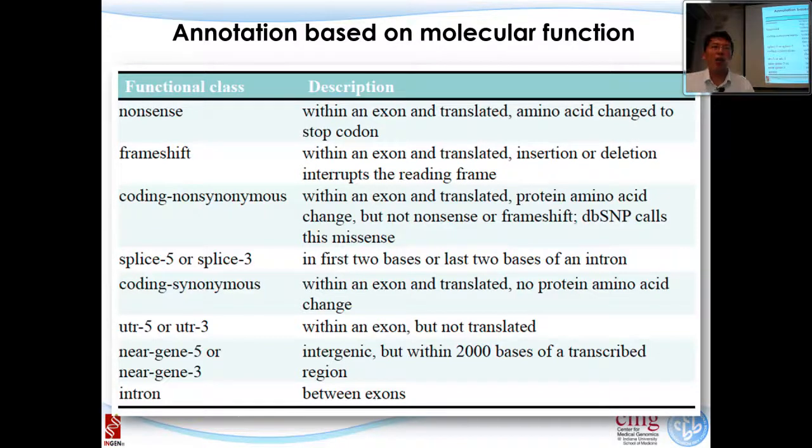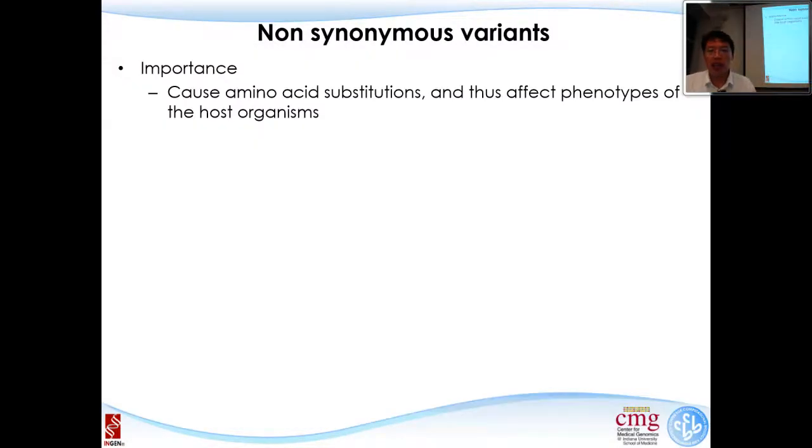But I will show you some of our own studies showing that some of these are very important in splicing regulation as well. Then there are variants in the 5' or 3' UTR regions and those near gene regions, which can be in enhancer regions or promoters, and then some of them are in the intronic region. So all those are different levels of annotation based on their molecular functions.